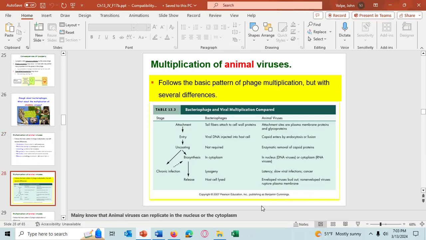I don't know of any exceptions. As a rule of thumb, an RNA animal virus will replicate in the cytoplasm. There is one exception, the family Retroviridae. It is an RNA virus, and it replicates in the nucleus. The reason why? The family Retroviridae has a DNA intermediate. Any questions about that?